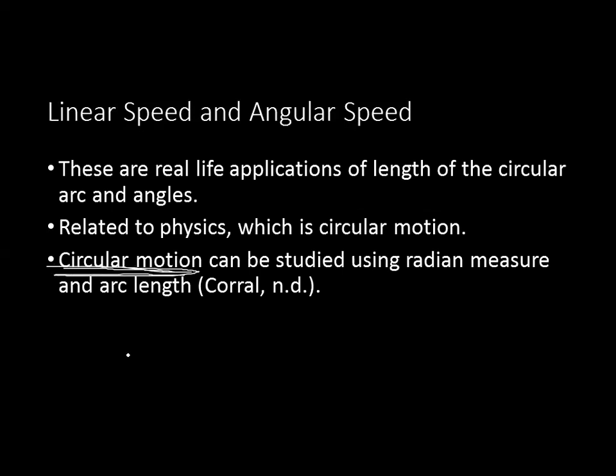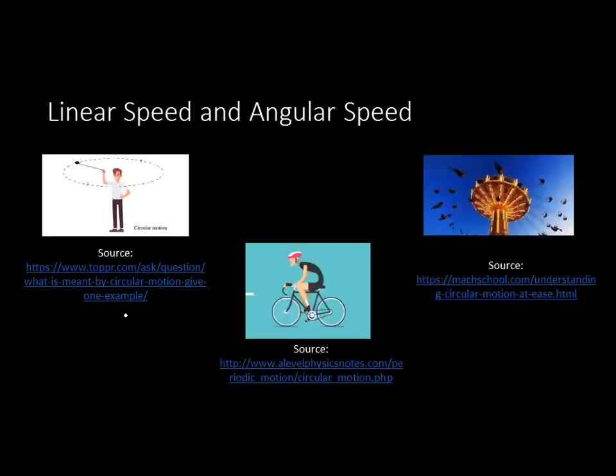Okay? So now let's have some examples of circular motion. Like this guy right here, he has an object. It rotates in a circular path. You get me? It just rotates with this object.